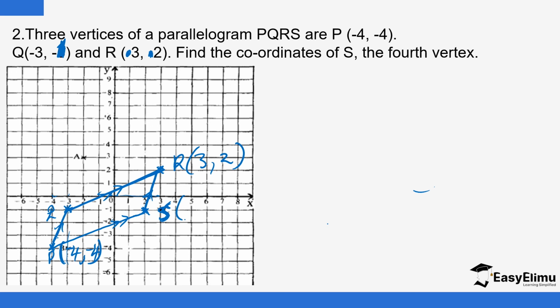This is where point S is, and it's going to be 2 steps along the x-axis, positive, and then -1 step along the y-axis. So take note, as we plot, we start with the movement along the x-axis, then movement along the y-axis.